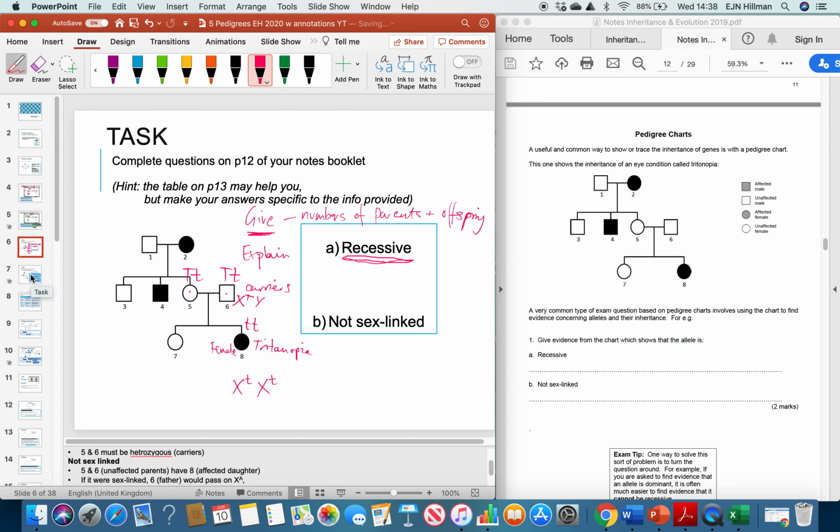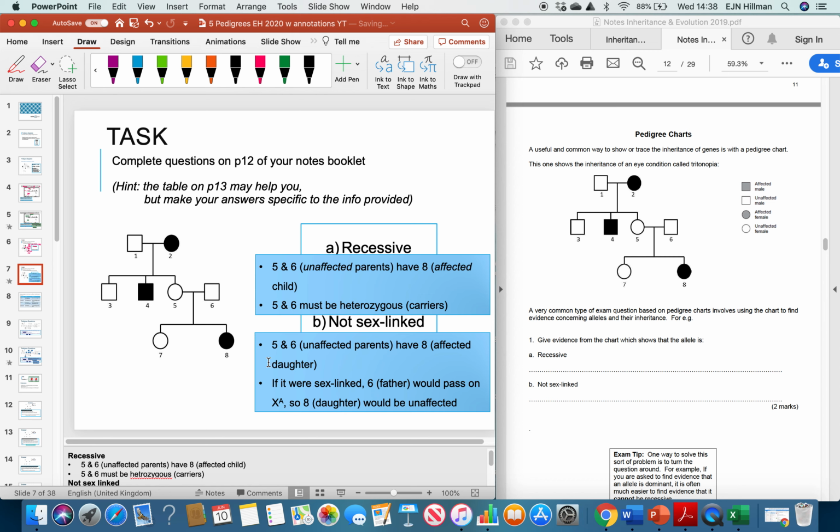So let's have a look at that in a bit more detail. Or the same detail really, but I've just typed it out for you. So the recessive part, 5 and 6 unaffected parents have 8 an affected child. Now I've put unaffected and affected in italics. It's much safer, rather than using the terms affected or unaffected, to use the specific condition.